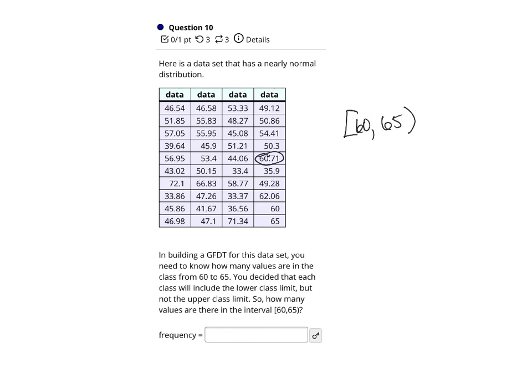These aren't the same number. 66 is more. 62 is between 60 and 65. 60 is good. 65, it had a parenthesis, so don't include the 65. So it was different. It looked the same, but it's different. There are 3 numbers. So it has a frequency of 3.